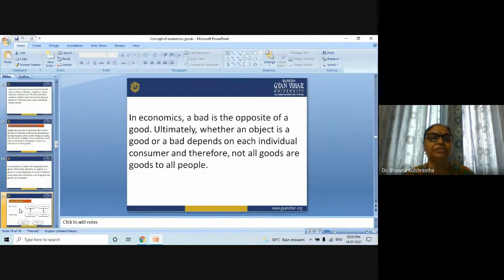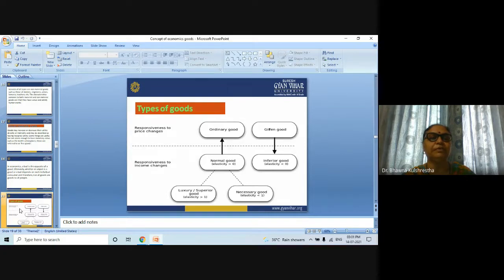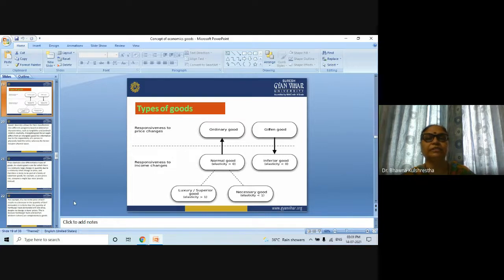In this picture, types of goods are shown: responsiveness to price change and responsiveness to income changes. Ordinary good and Giffen good.